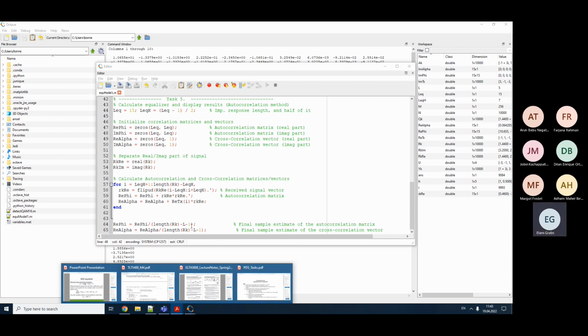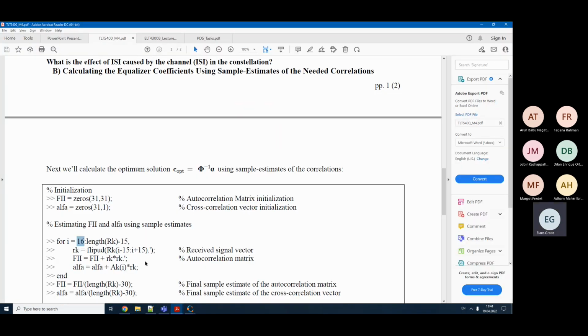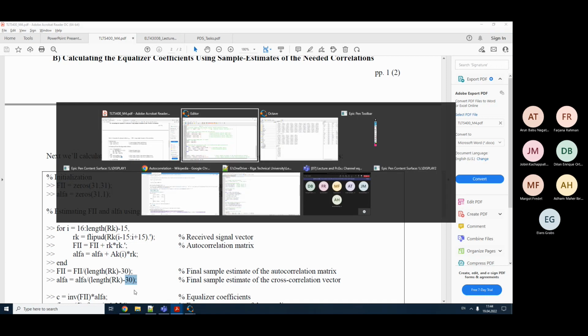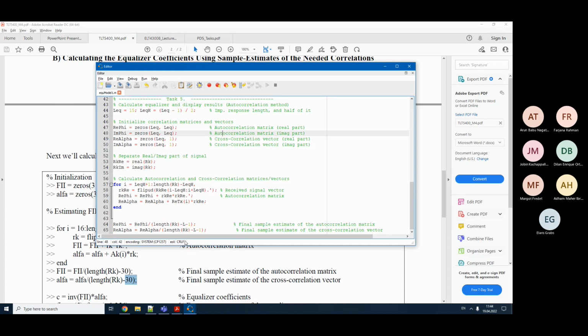But wait a minute, was that L or? Yes, this is L minus 1. This is L minus 1. For some reason here I have it.